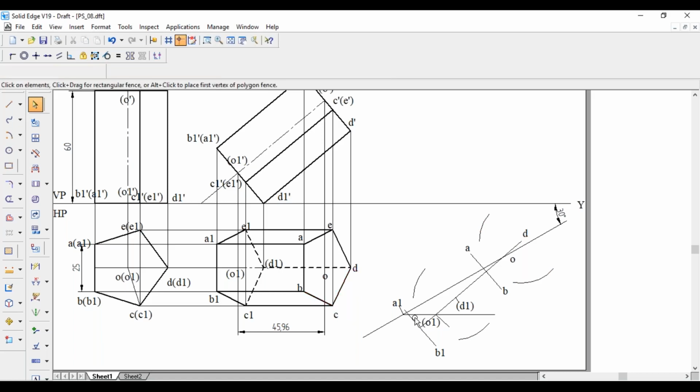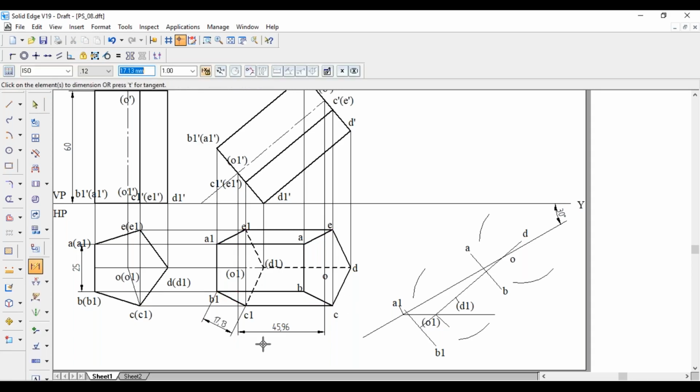Now the lengths BC, AE, A1 E1 and B1 C1. All these four line lengths are the same, which is equal to 17.13 mm. Now B1 as center, 17.13 mm as radius, draw an arc to intersect the previous one.